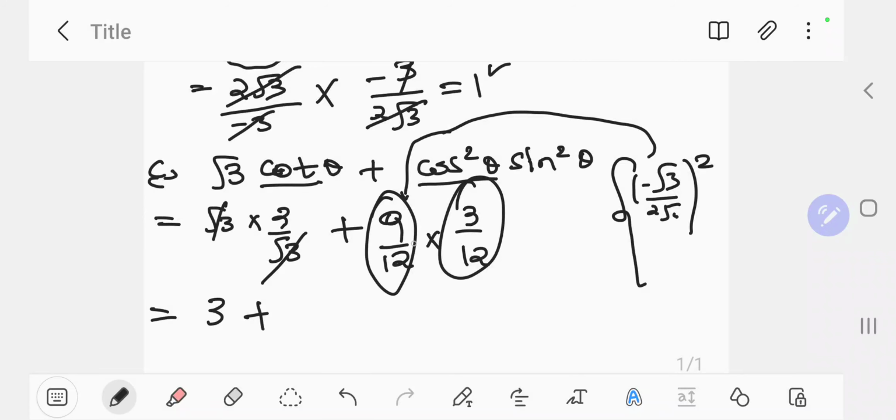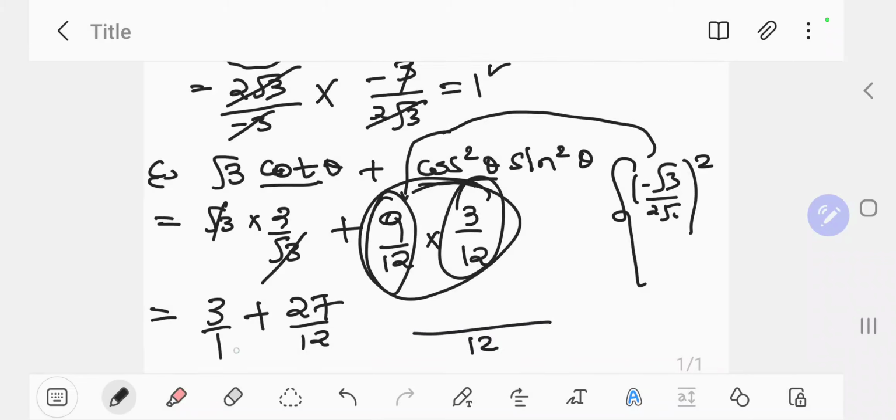Now, you are multiplying basically these two. 9 times 3 is going to be 27 over a 12. So I can have 12. 1 into 12 times 3 is going to be 36 plus 27. So your final answer, I think it's going to be 36 plus 27.